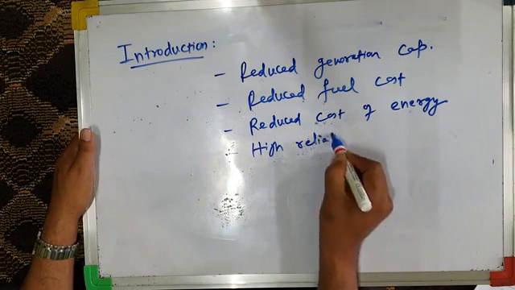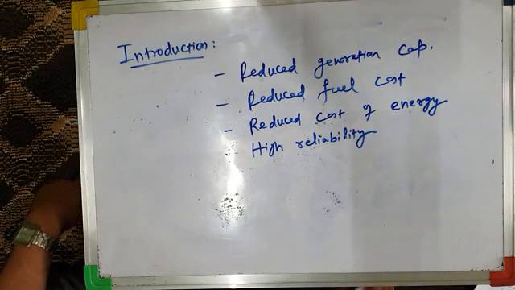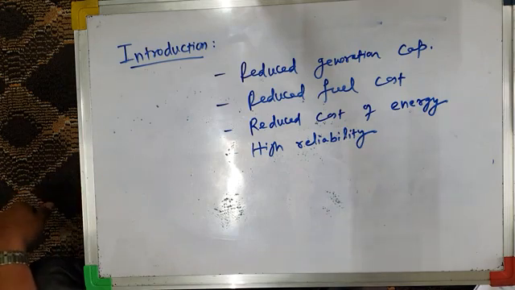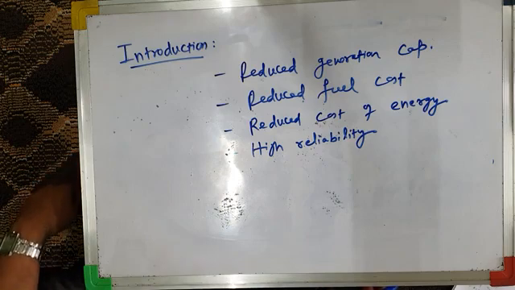It is because of these reasons that we go for interconnected power systems. I hope you have understood this. That's why nowadays all transmission networks and power systems globally are interconnected power systems.